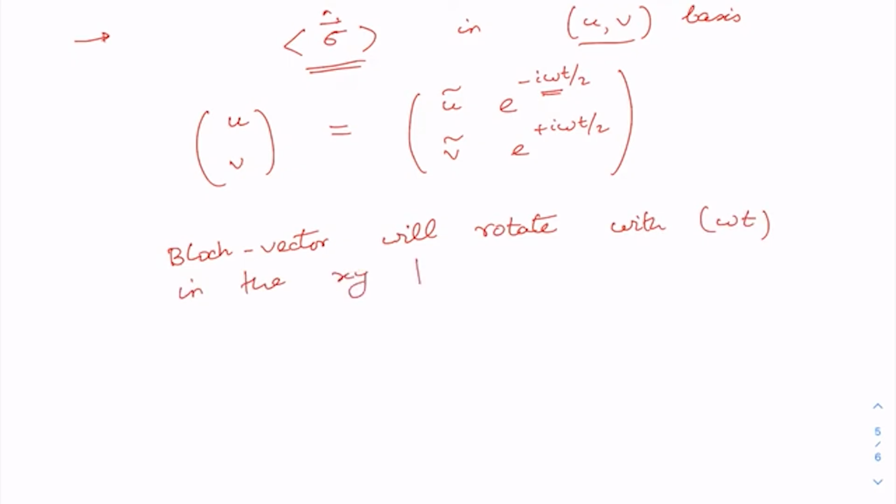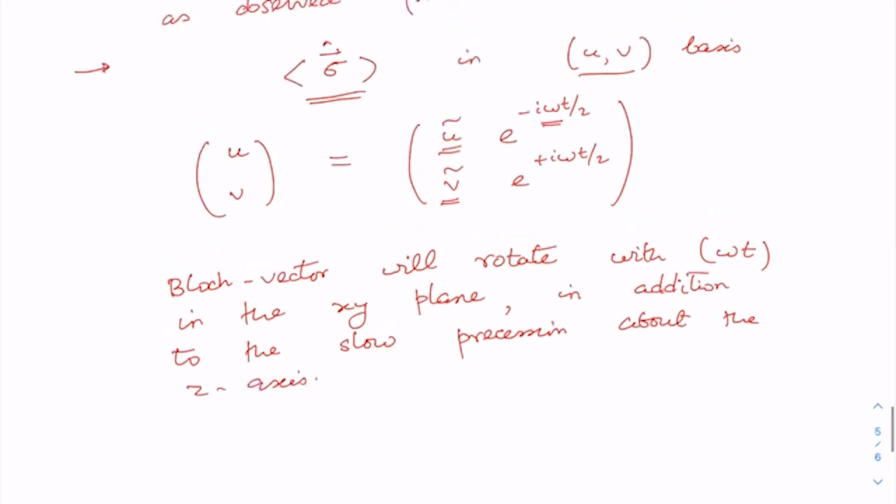I will soon explain it in a diagram. In the xy plane, because we already know how u tilde, v tilde rotate in the rotating frame, in addition there is the slow precession about the z-axis.